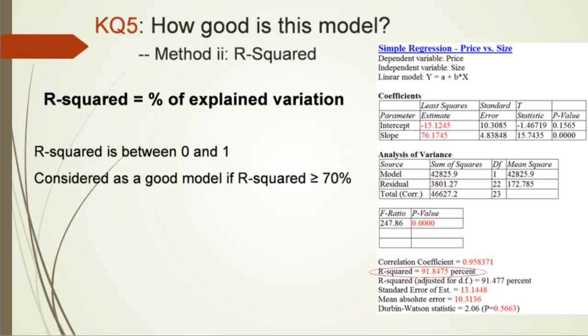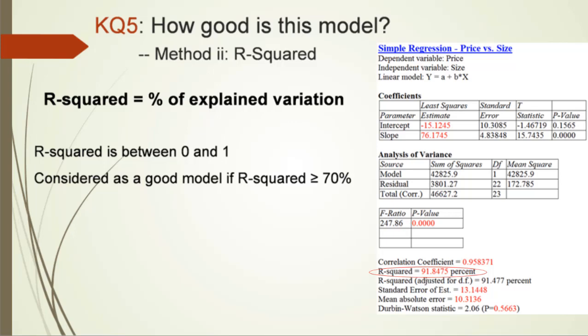We will now move on to the second model evaluation method using R-squared. R-squared is defined to be the percentage of variation that can be explained by the regression model. It's a number between 0 and 1. We would prefer models with high values of R-squared because it implies these models are able to capture and explain a large percentage of variation in the dependent variable.